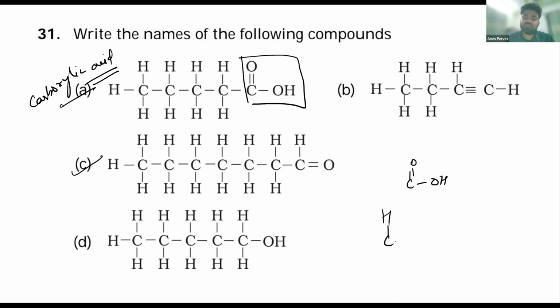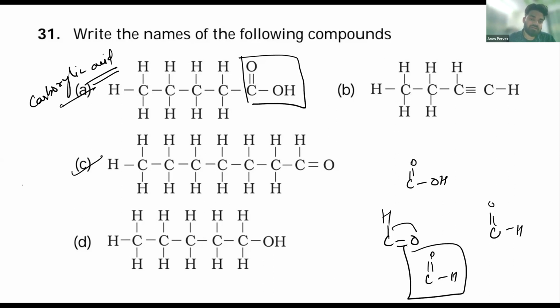This is CH double bond O. You can rotate it this way, up to 270 degrees, and you get C double bond OH. So this is the same. This is aldehyde. Yes, sir, aldehyde.